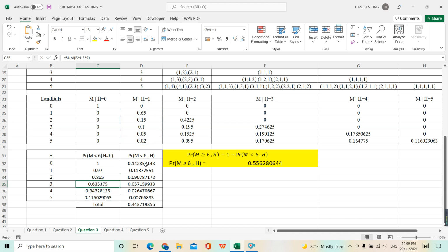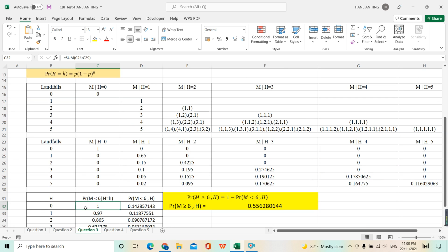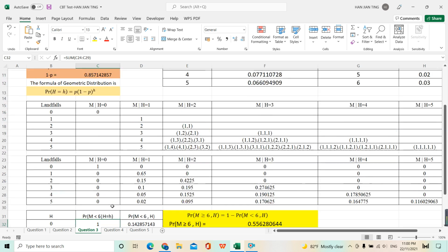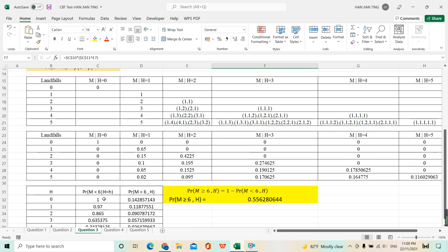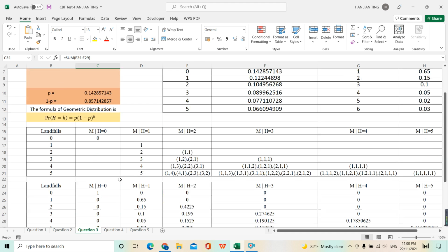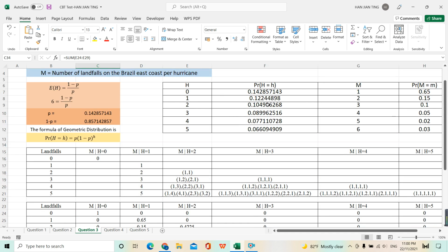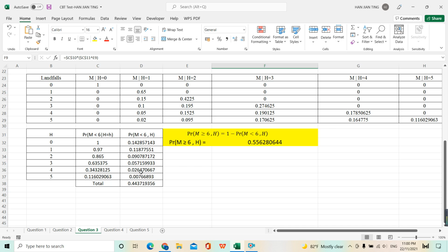For the last step, we multiply this probability with the probability of h. When h equal to 0, we multiply this probability with the probability of h equal to 0. When this is the probability of m less than 6 when h equal to 2, we multiply by the probability of h equal to 2. So we can get this table.